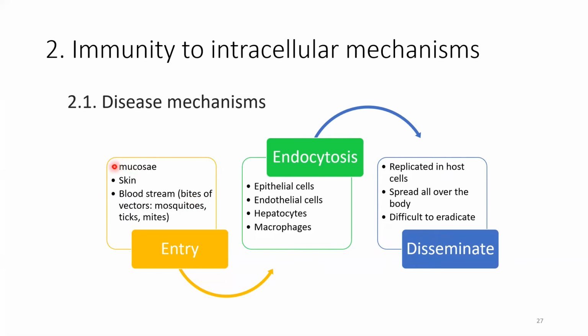So this is the disease mechanism of the intracellular bacteria. They get into our body, they can be endocytosed in many cells, and they replicate in our host cells and then can spread all over our body, in particular if that bacteria can infect macrophages.